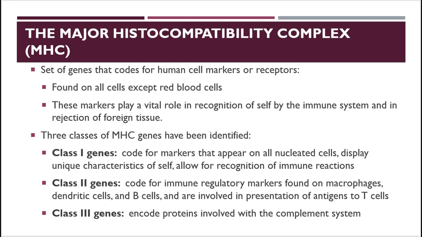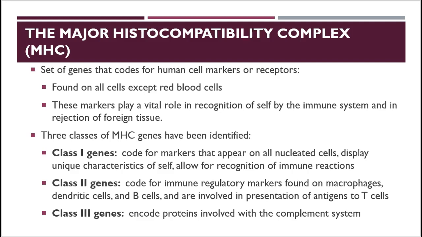The first class of genes, these class 1 genes, code for the markers that are found on all of your cells except for the red blood cells, and these markers signal to your immune cells that this is self. These are self-recognition markers.